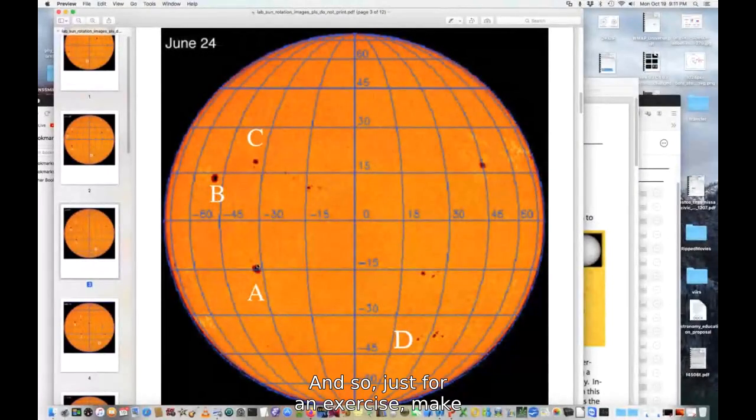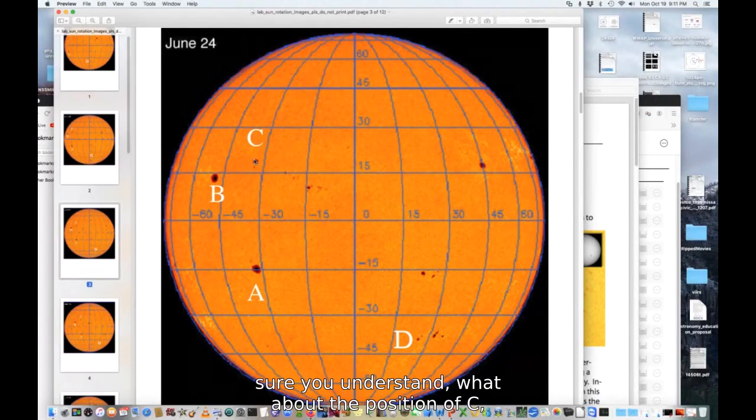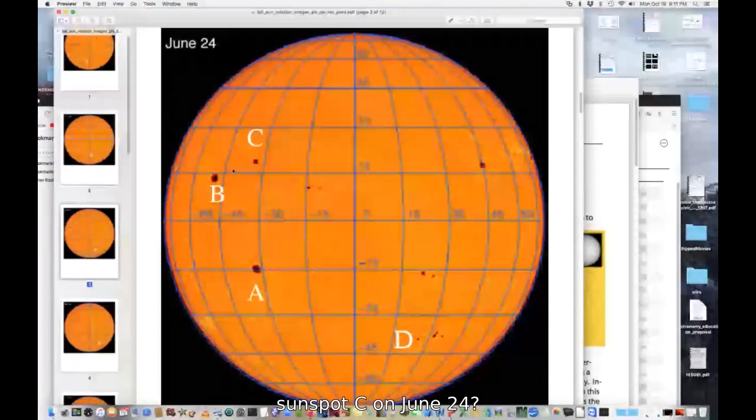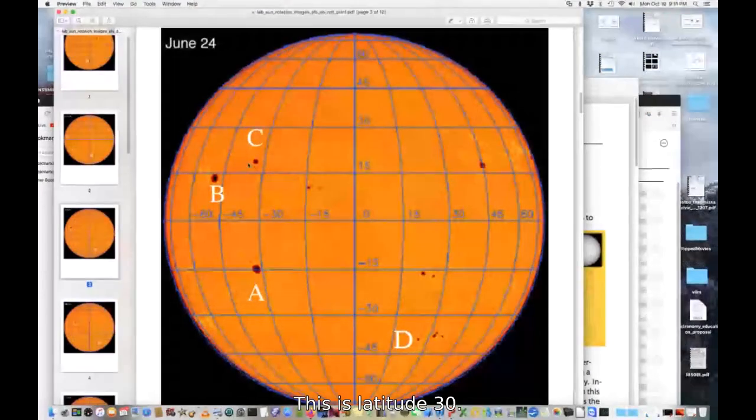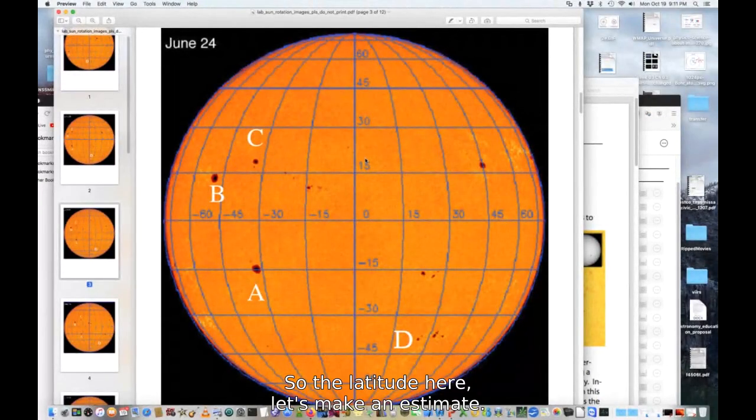Just for an exercise, make sure you understand. What about the position of sunspot C on June 24th? How would you measure this? This is latitude 15, this is latitude 30. Let's make an estimate: it looks to me like about 18, because 15 is right here and 30 is right here.